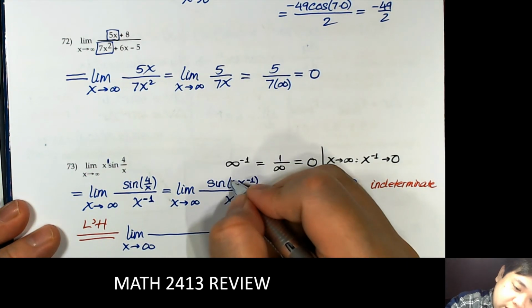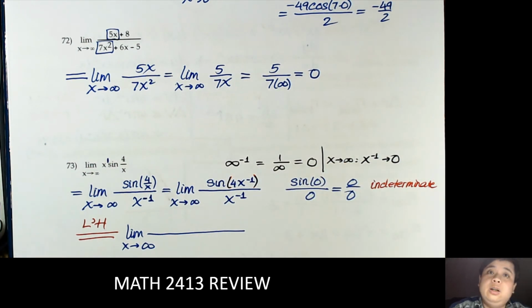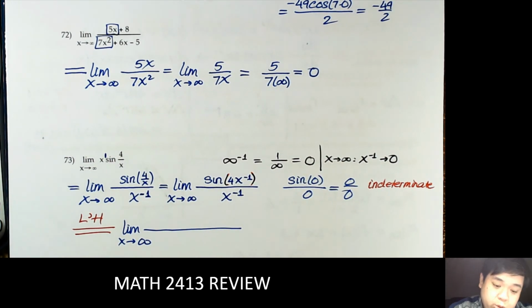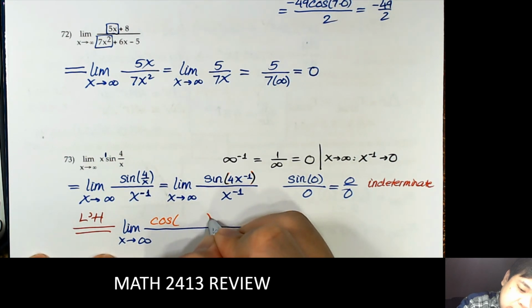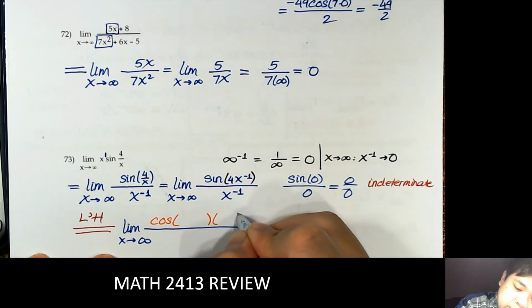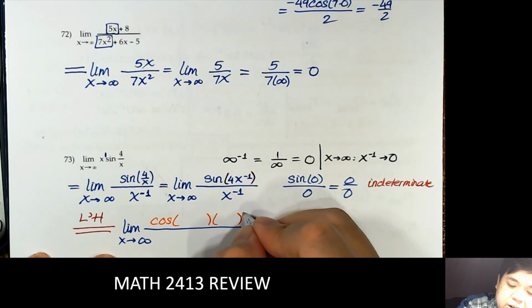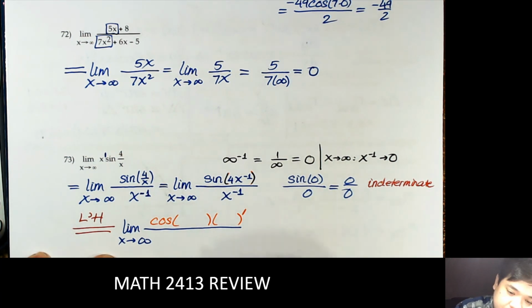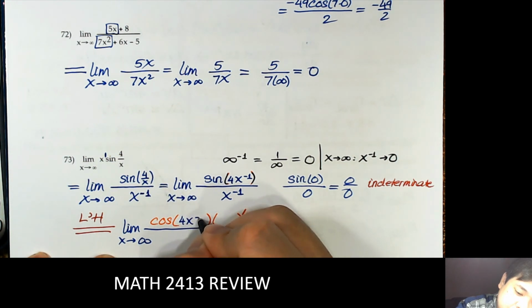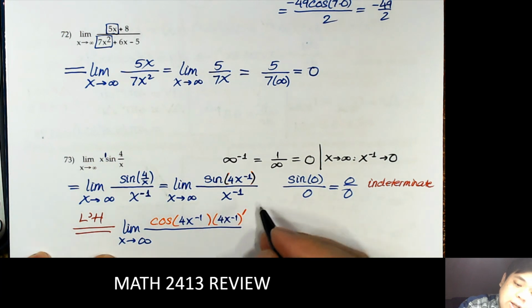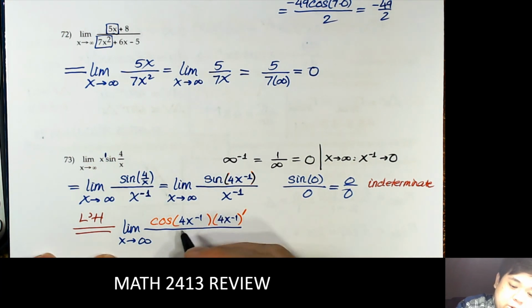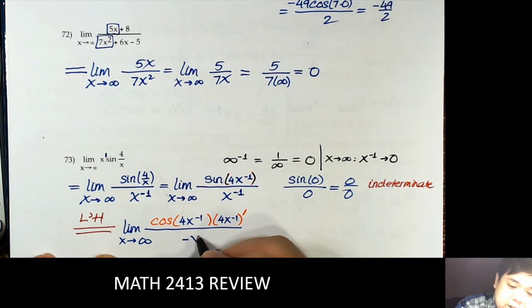Right, this is a chain rule. So the derivative of sine is cosine, and then the derivative of the inside. Derivative of the bottom, take down the negative 1, we have negative x to the negative 2.